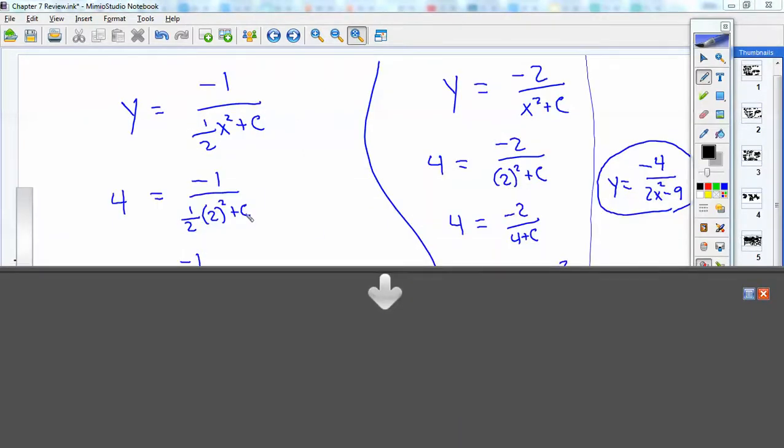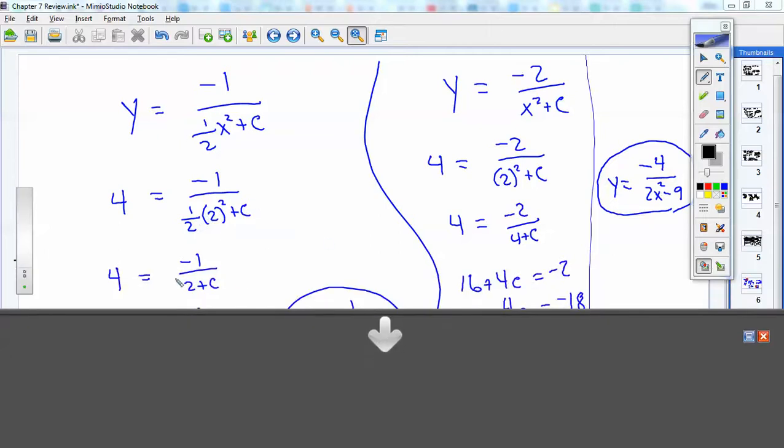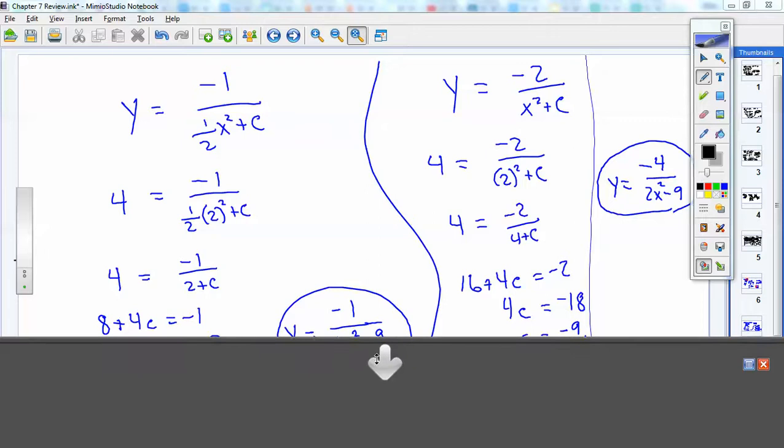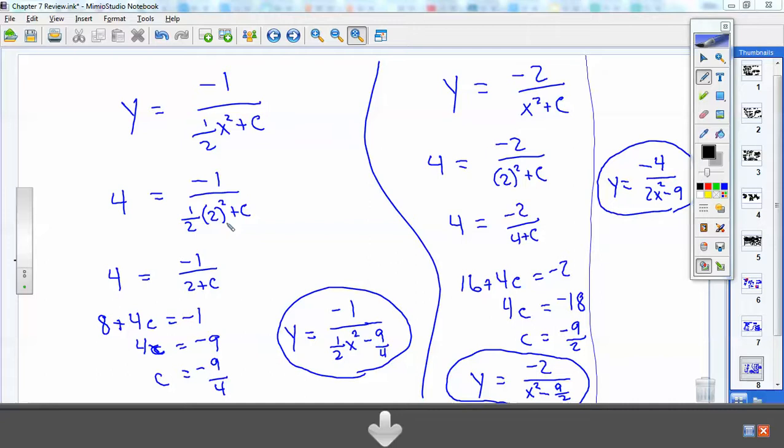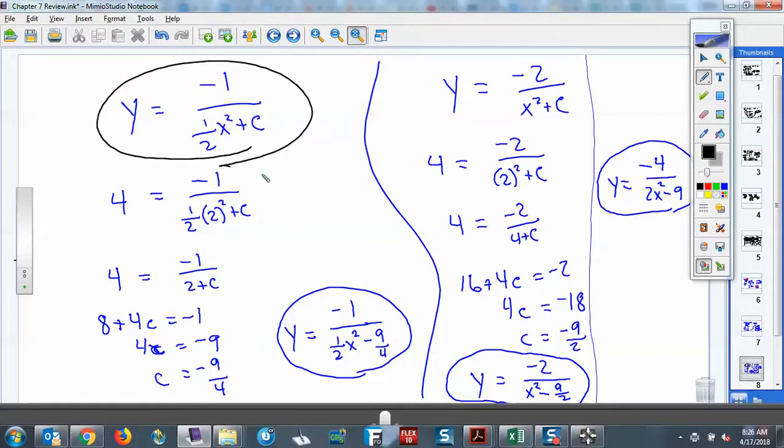When you put a 2 in here, you get 2 plus c, put the 4 over here, right? Multiply the 2 plus c over to there. So I ended up getting c equals negative 9/4. Now remember, I went back to this version, so you have that, so could you leave it like that? Sure. Okay.